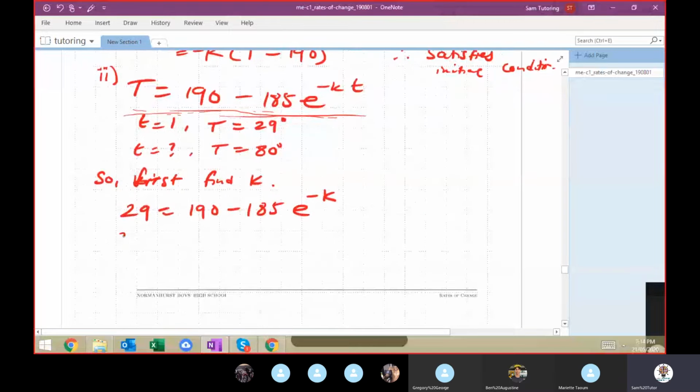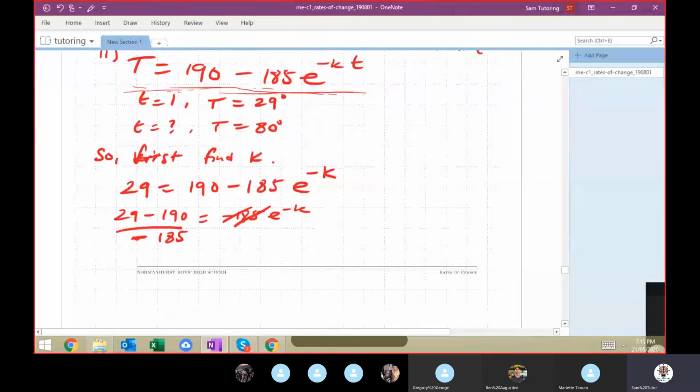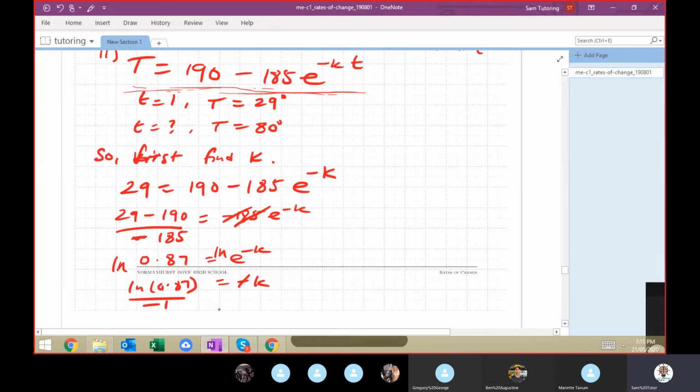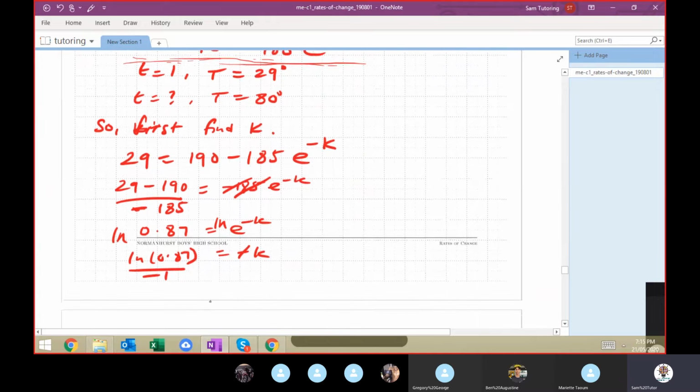Take away 190, divide by negative 185, and we get 0.87, something like that, equals e to the negative K. Log both sides, bring the negative K down, divide by negative 1. So log 0.87 divided by negative 1. I got K equals 0.13895, let's say.